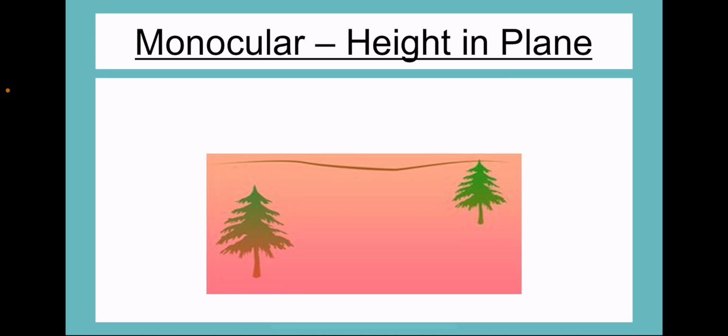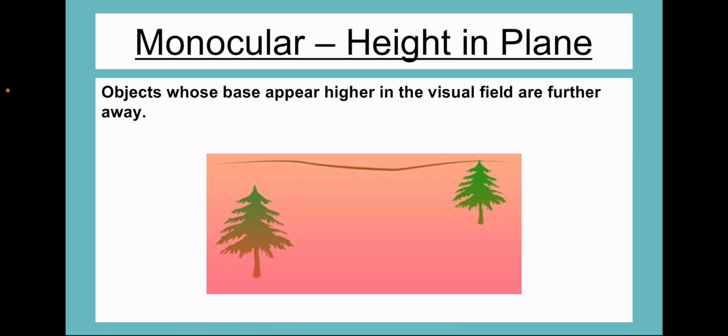So firstly, height in plane. Basically, height in plane refers to the positioning, or the height, of the base of the object in your visual field.